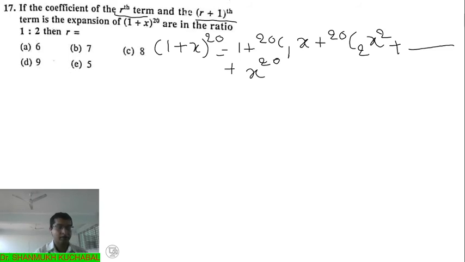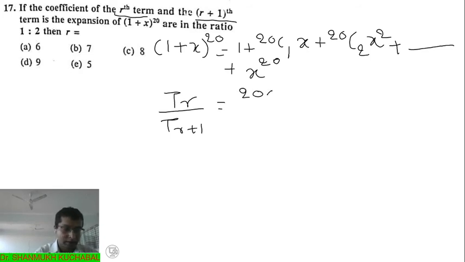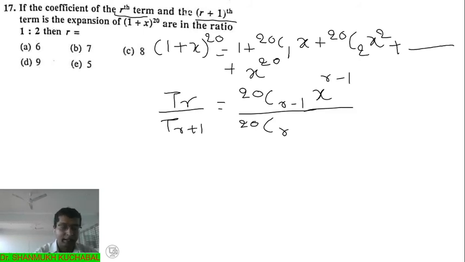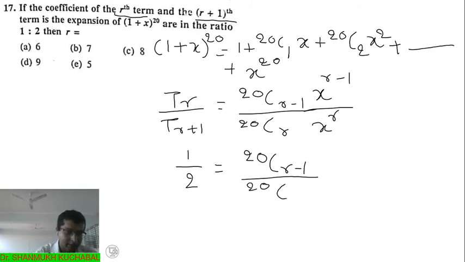Okay, so now we'll take the ratio: t r divided by t r plus 1 equals 20c(r minus 1) divided by 20c r, with x raised to r minus 1 and here x raised to r. Further, the ratio is 1 by 2, so we take this ratio as 1 by 2, then we get 20c(r minus 1) divided by 20c r.